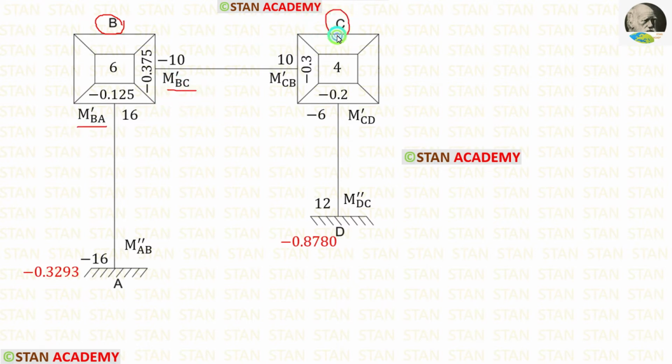In the joint C also, there are two rotation contributions, M'CB and M'CD. In the end of the columns, we have the displacement contributions. In the point A, we have M'AB, and in the point D, we have M'DC.